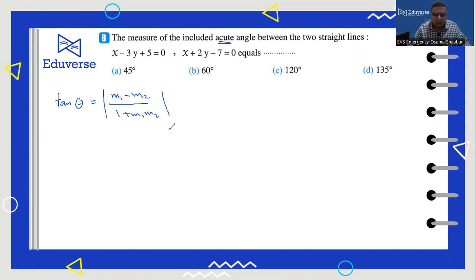Okay, so you have also m1, the slope from the first equation. m1 equals negative coefficient of x over coefficient of y.